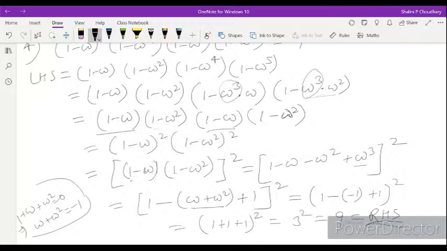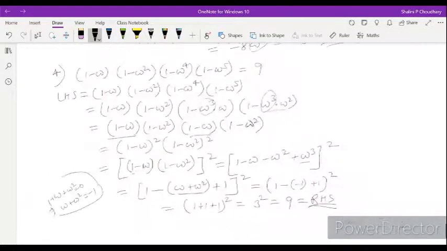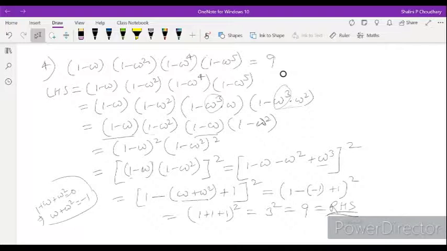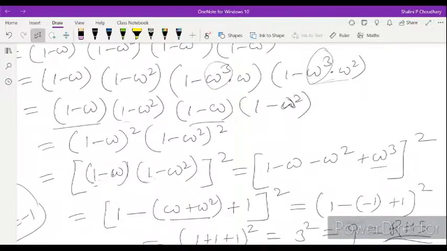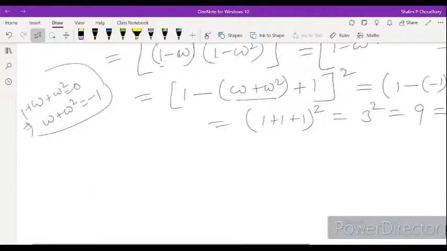Hence proved. See, what we had to prove here was that it should be equal to 9. Now we'll do one more question based on the same concept.